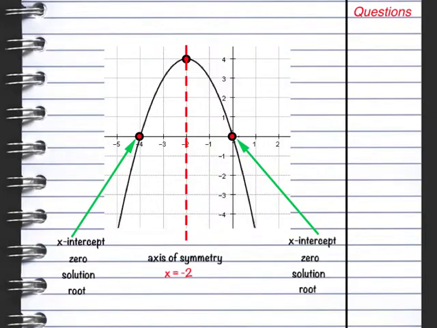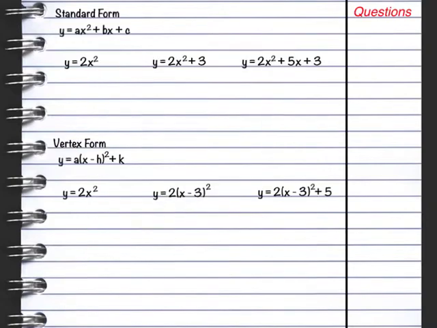And they're also called roots. And so here, negative 4, 0, and 0, 0 would be my x-intercepts. Go ahead and take a moment, pause, copy. It's important to know all of these possible names for these 2 points because they can ask it in any variety of way in questions. So go ahead, take a moment, pause, copy before continuing on.